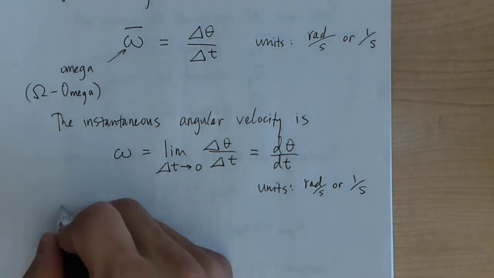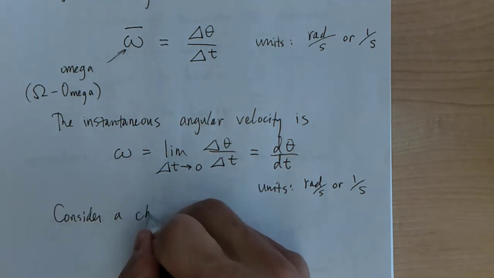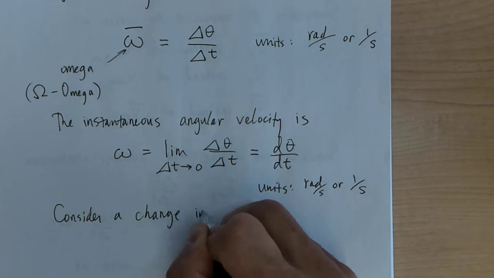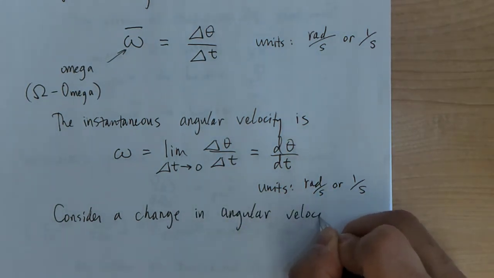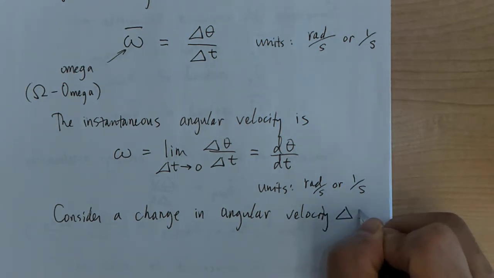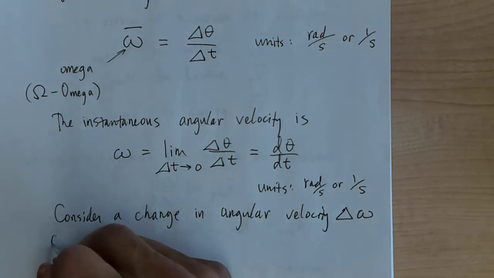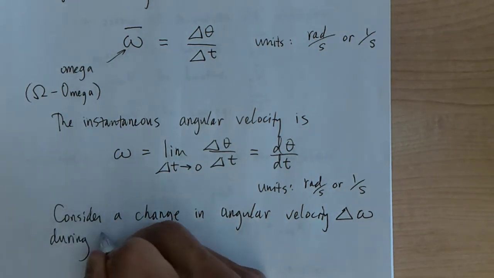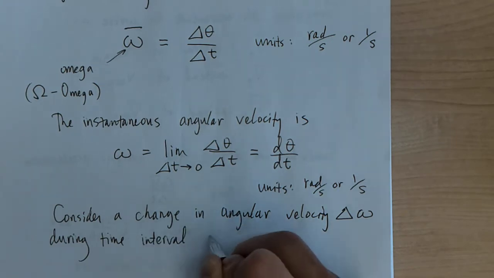Now we'll consider a change in angular velocity, delta omega, during time interval delta t.